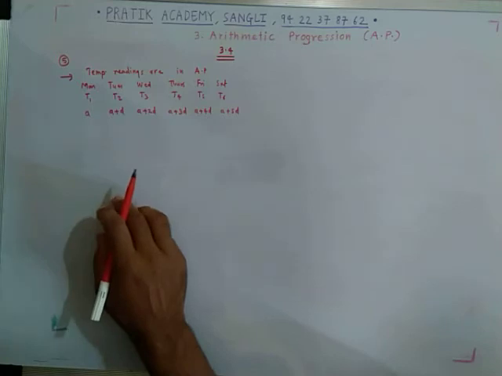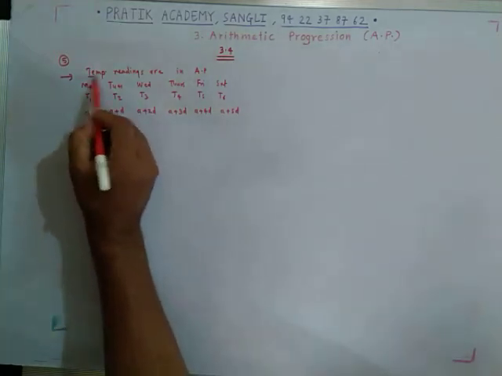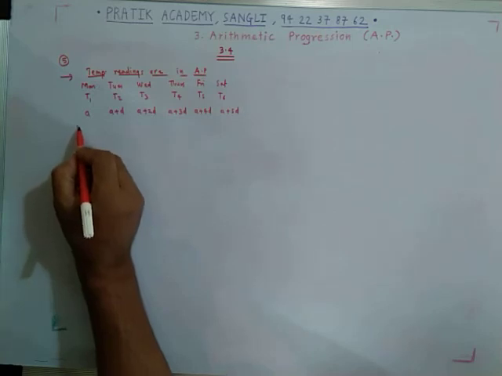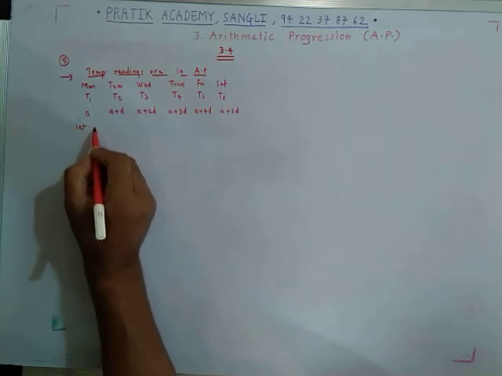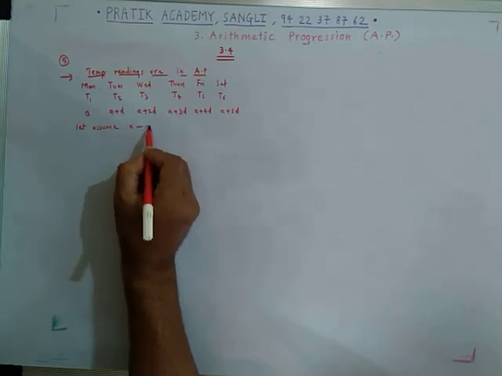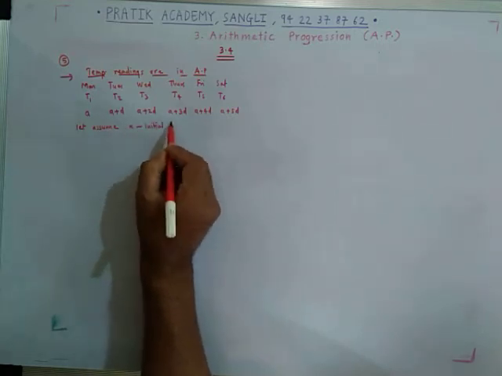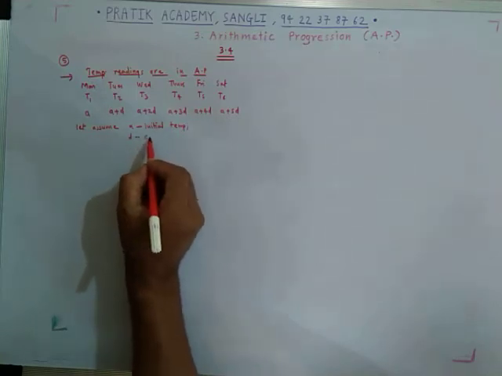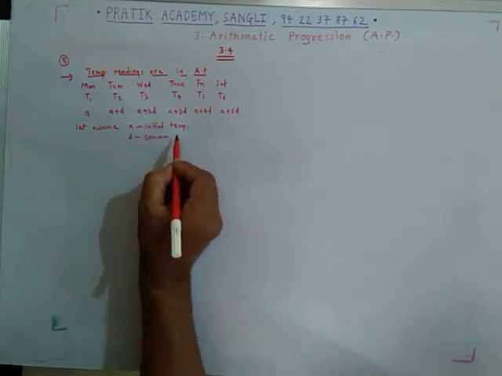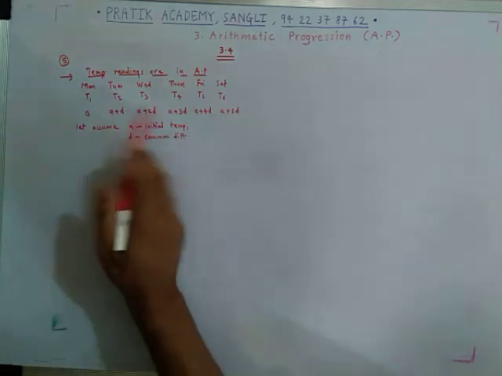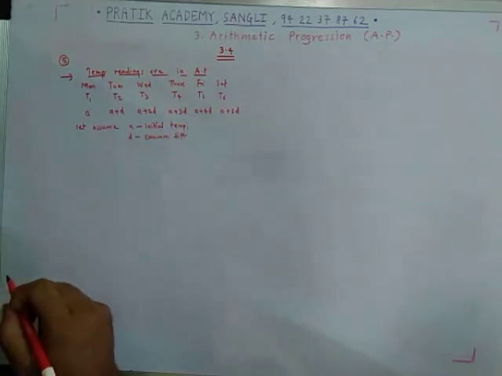Because they have given that temperature readings are in AP, let's assume a is the initial temperature and d the common difference. Then these are our temperature readings.